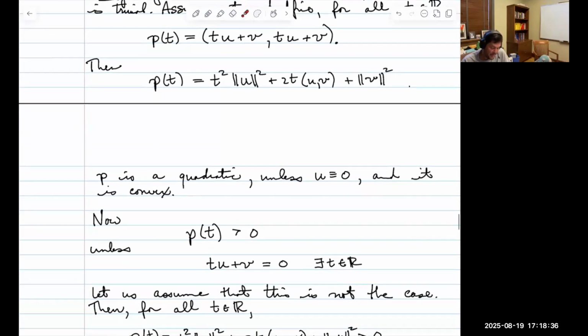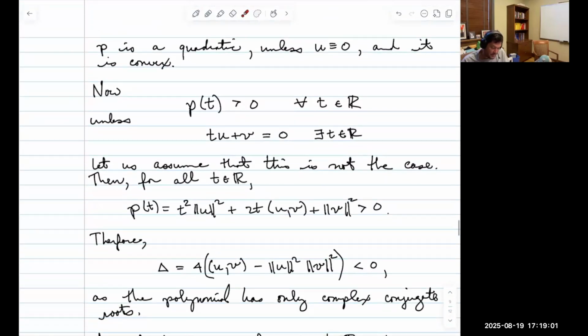In that case, p would be equal to 0. That's the only way we could get a kink there.